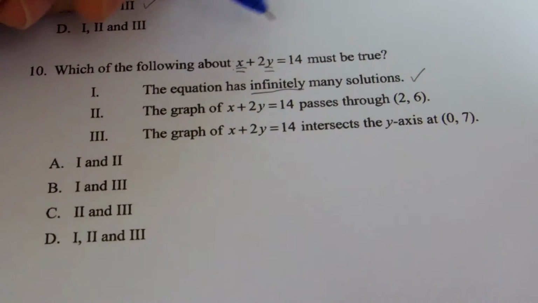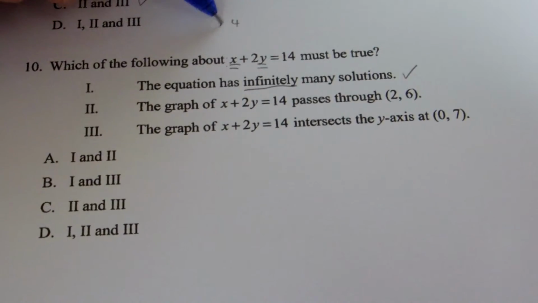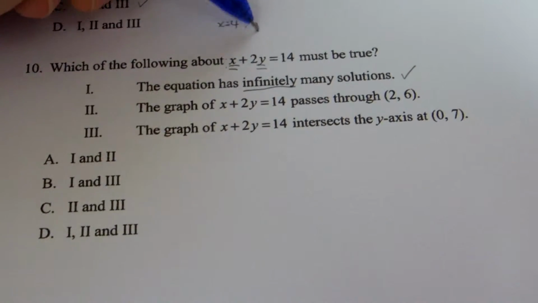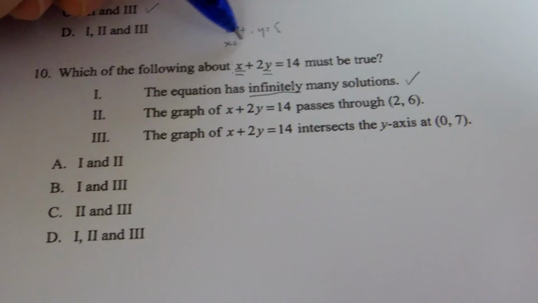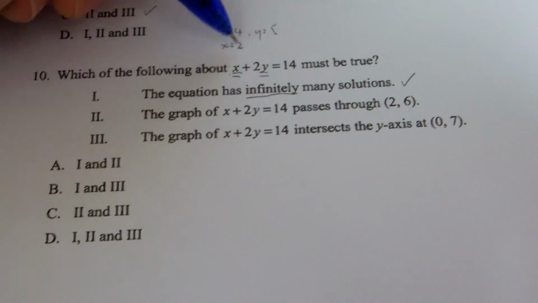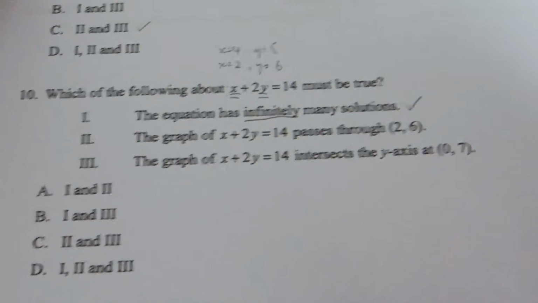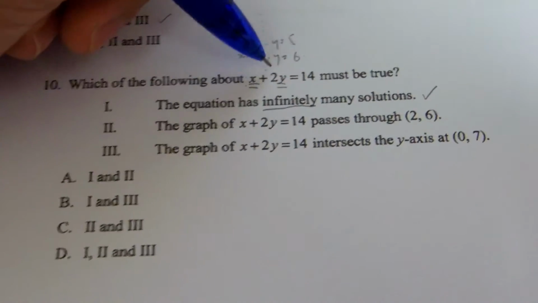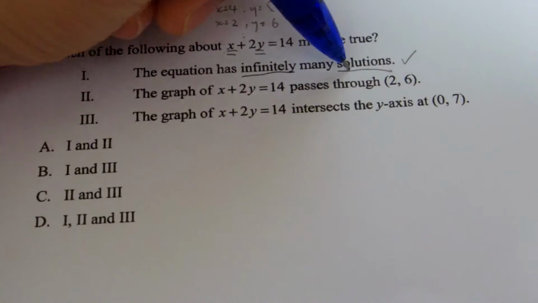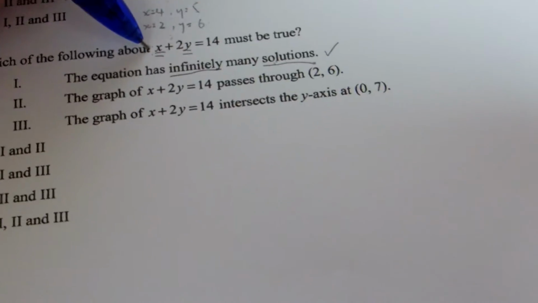For example, when x equal to 4, then y would be equal to 5. When x equal to 2, then y will equal 6. So as you can see, there are infinitely many solutions. So this is correct. This is not a fixed solution.